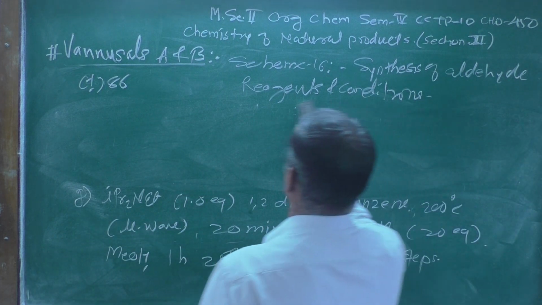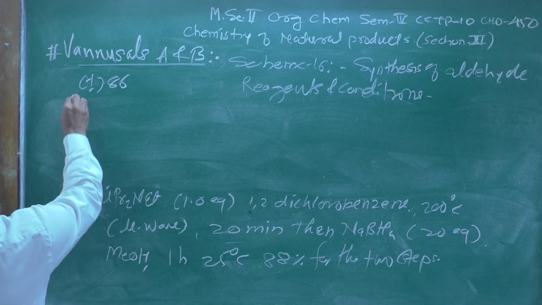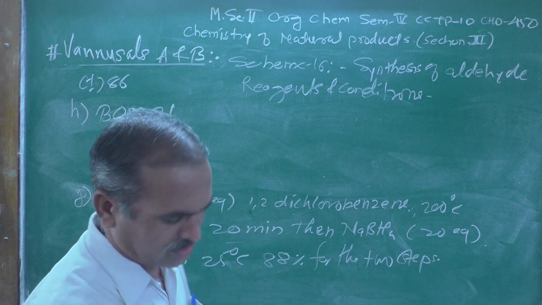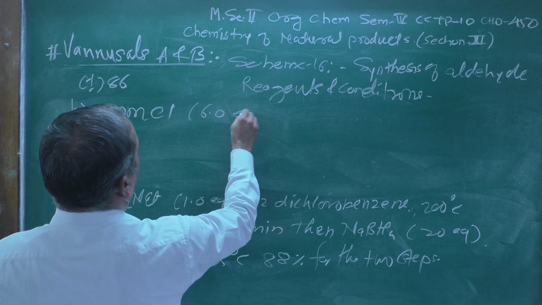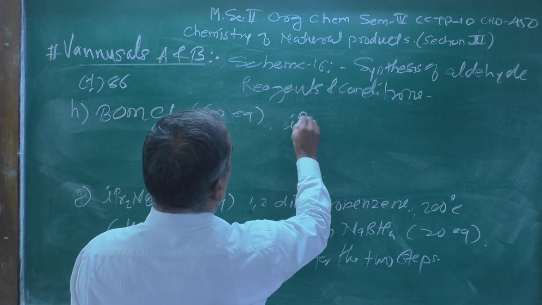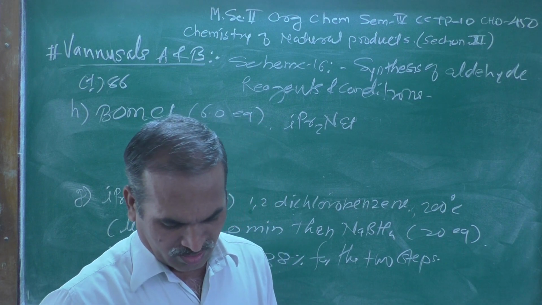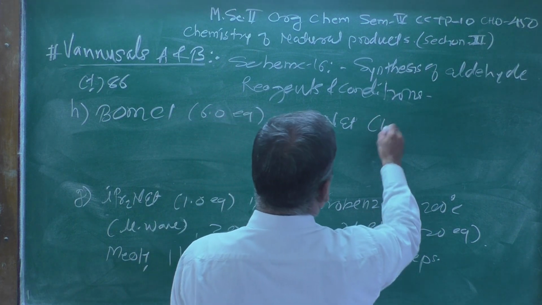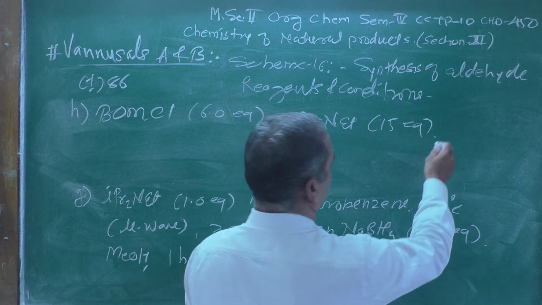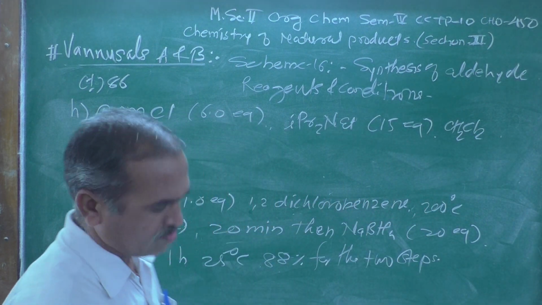The next reagent will be H, and the H reagent is BOMCl, BOM chloride, which was taken at around 6.0 equivalent, and then iPr2NEt, that is diisopropylethylamine, which was taken at around 50 equivalent, and the solvent used is CH2Cl2, dichloromethane.